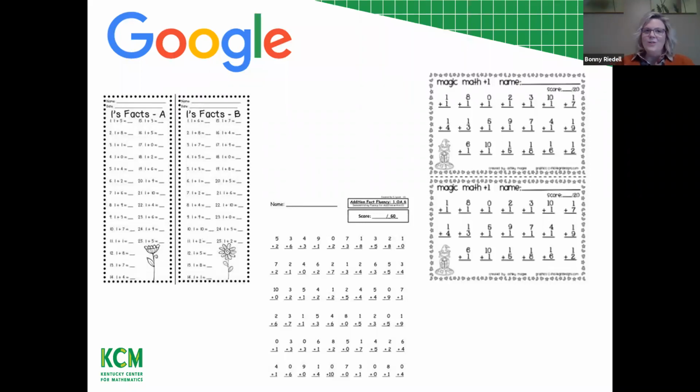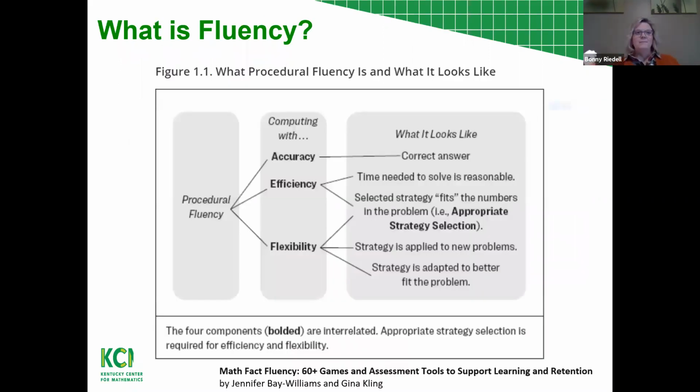Speed and getting the correct answer is often the focus of many fluency worksheets and activities, but fast does not equal fluent. We have to work together as mathematicians to change the narrative of what it means to be fluent in math facts.